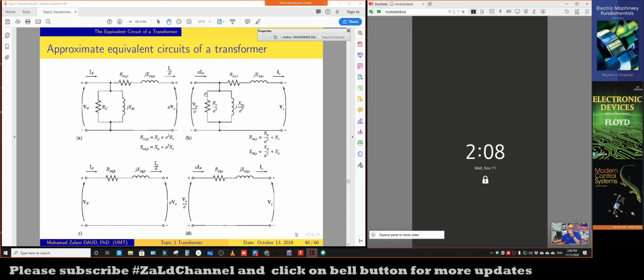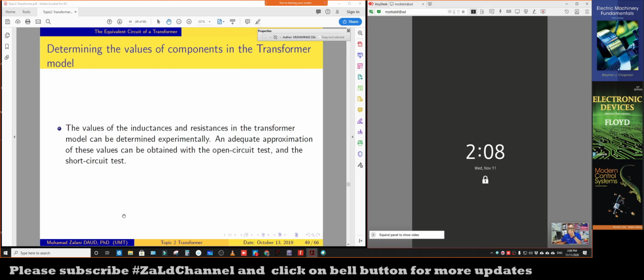We can make an assumption so that we can neglect some of the effects of the excitation branch, so that we can further simplify the equivalent circuit into one without the excitation branch or parallel branch.